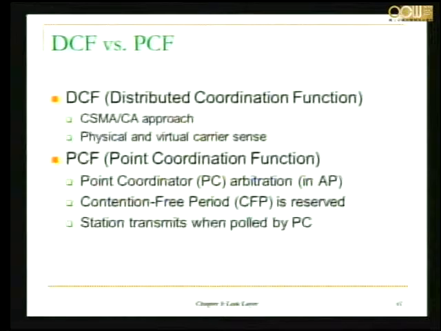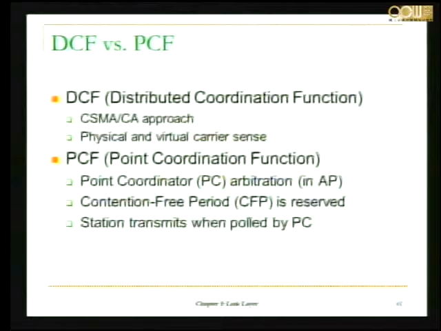And in 802.11, they have defined the MAC protocol into DCF and PCF. They try to combine both together, and DCF is contention based, meaning it's the distributed coordination function. It's contention based, so the stations will compete with each other.